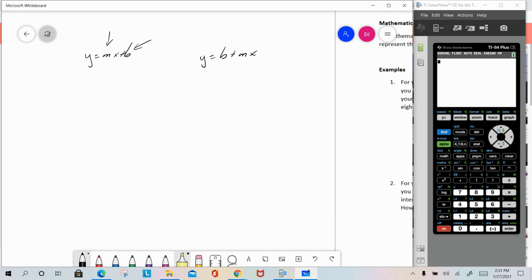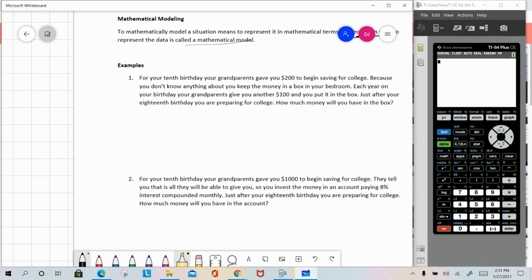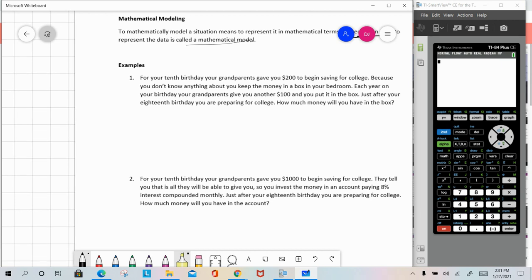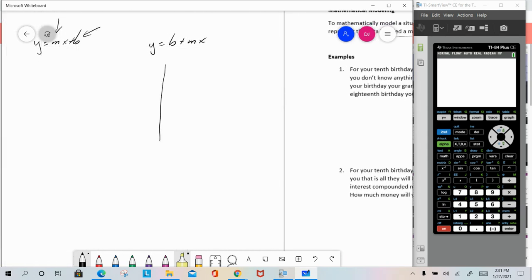Now remember this problem, and I'm going to go back and forth here. For your 10th birthday, your grandparents gave you $200 to begin saving for college, and because you don't know anything about saving, you keep the money in a box. Each year they're going to give you another $100. So let's make a table here. Let's put your age as x.